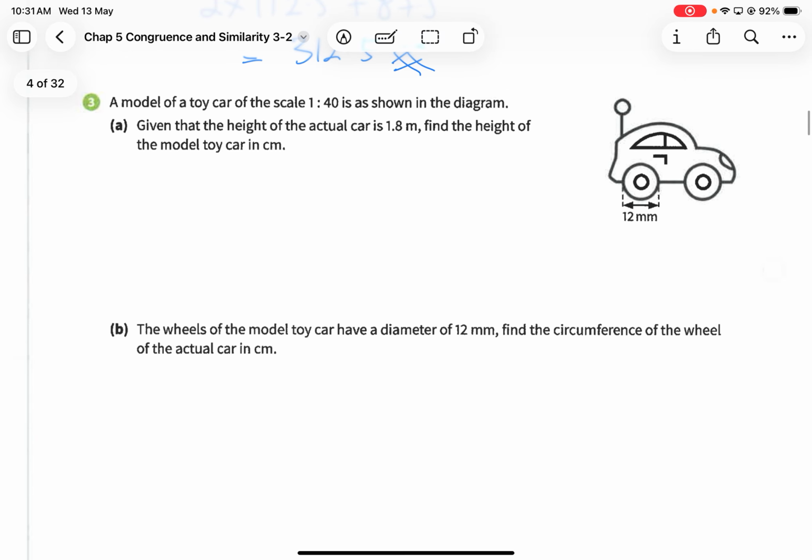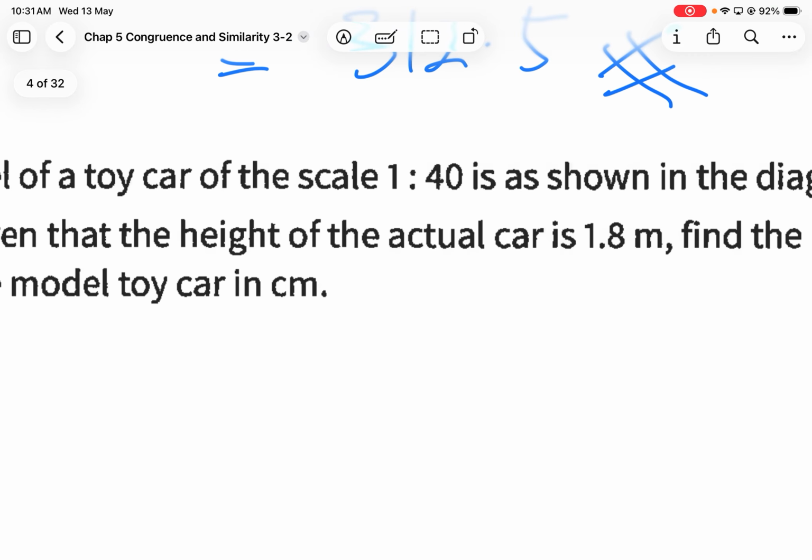Question 3. There is a model of a toy car. The scale is 1:40. So this 1:40 means every dimension must times 40. Okay? Or every dimension is multiplied or divided by 40 between the original and the model.